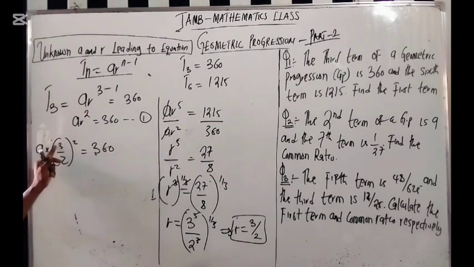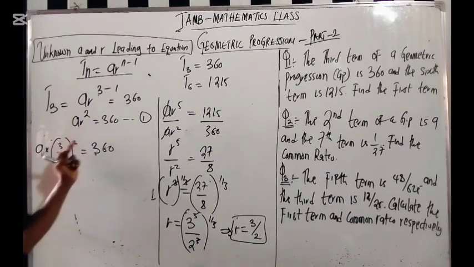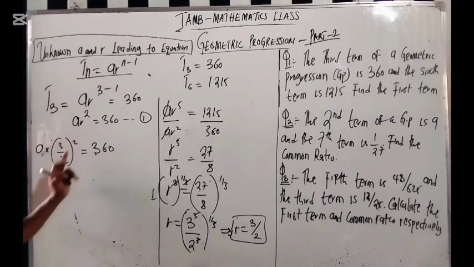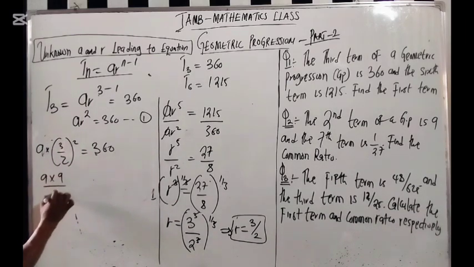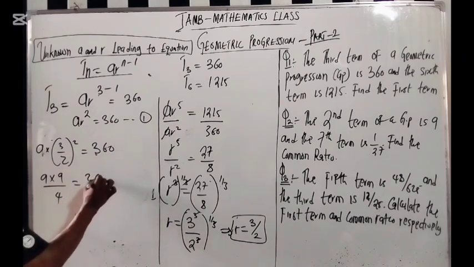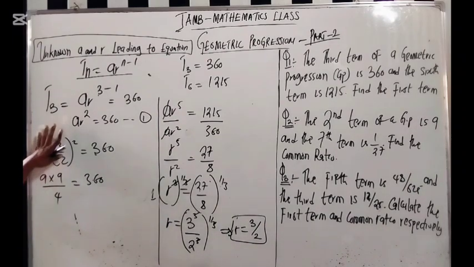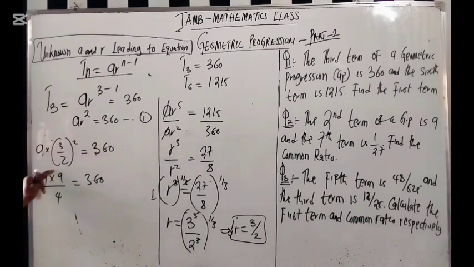When you open the bracket, remember it is squared: 3 times 3, 2 times 2. So it will be A times 9/4 equals 360. Because when you open the bracket, it's going to be 3 raised to power 2 and 2 raised to power 2. 3 raised to power 2 is 9, 2 raised to power 2 is 4. So A times 9/4.